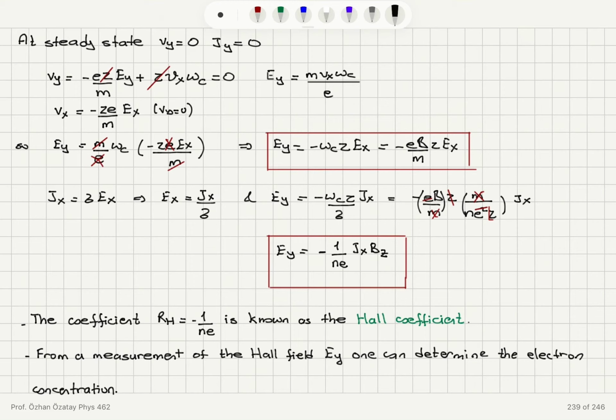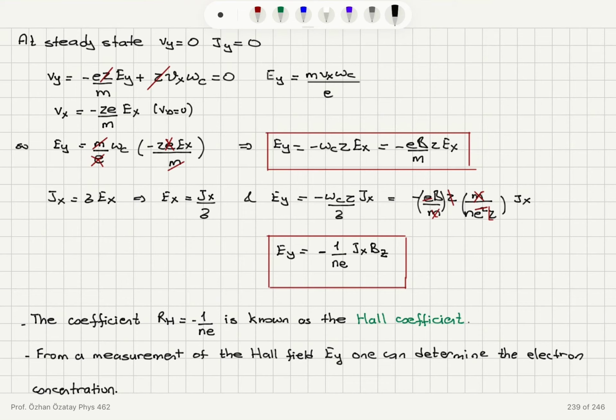We can relate this to the current density. Current density Jx is equal to sigma, the electrical conductivity, times Ex by Ohm's law. So Ex is equal to Jx over sigma.